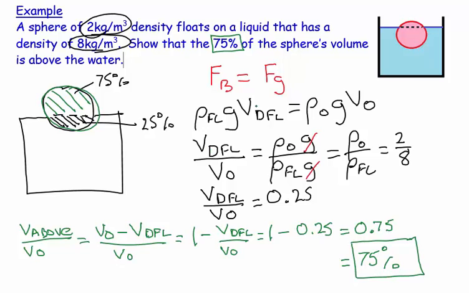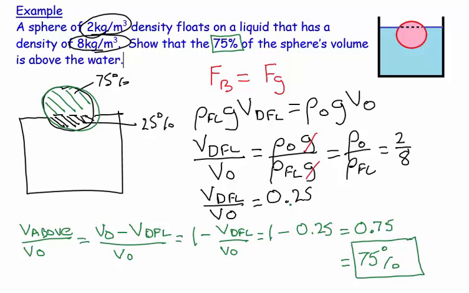This is something you might not recognize when you start the problem, but I recognized that the volume of the displaced fluid over the volume of the object was a fractional volume, which is what I was interested in. It's not the actual final answer, but it's the alternative question. So I rearranged my equation and found a very simple solution, a bit surprisingly simple.